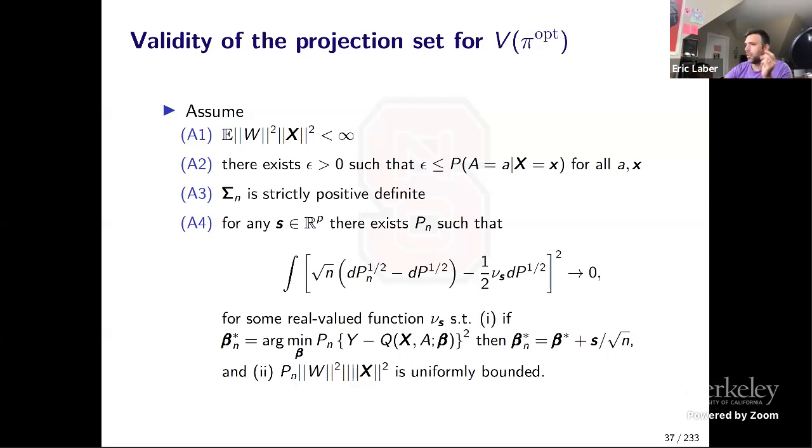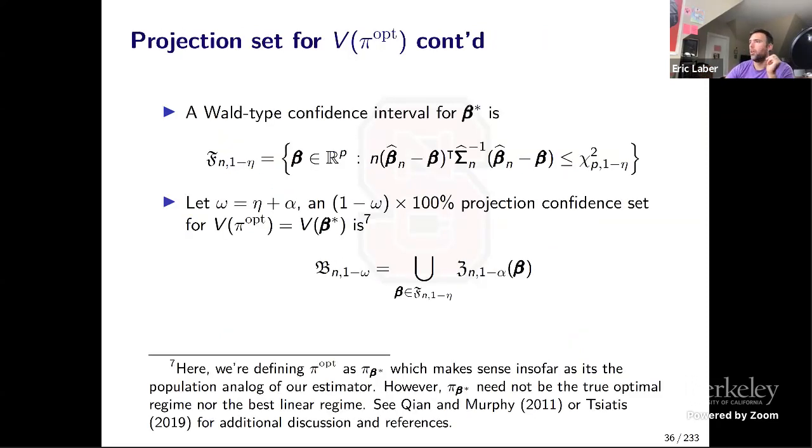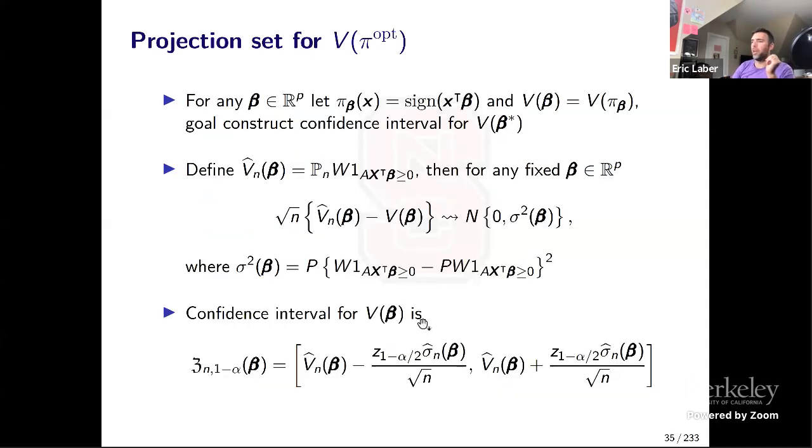Okay, thanks. So the point here is that if I were to give you beta star, then we can construct a confidence interval for the policy indexed by beta star simply by doing this. We can estimate this just by putting an average over the data here and here, and this is a normal quantile. So this would be easy to construct if beta star were given. Of course, we don't know beta star.